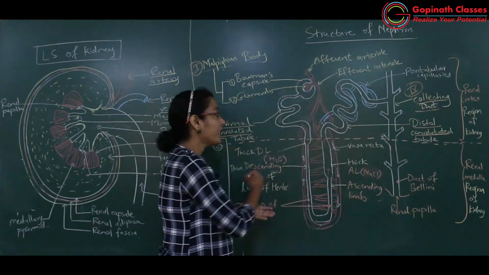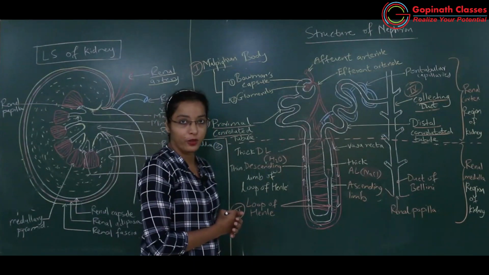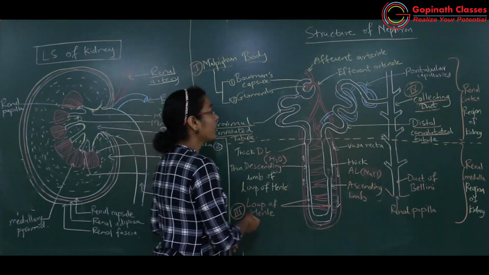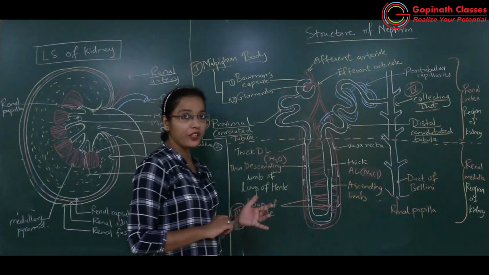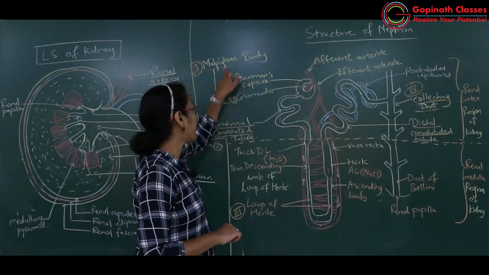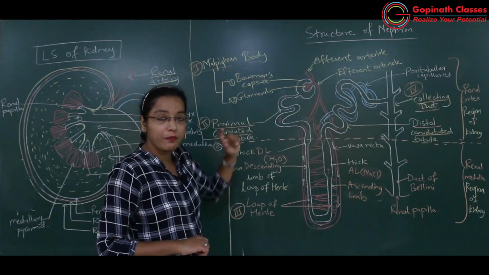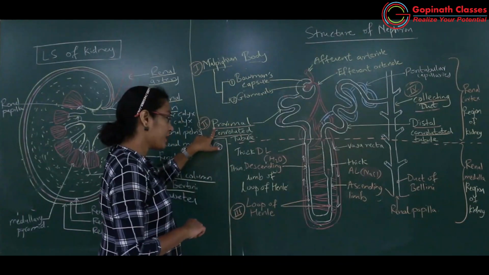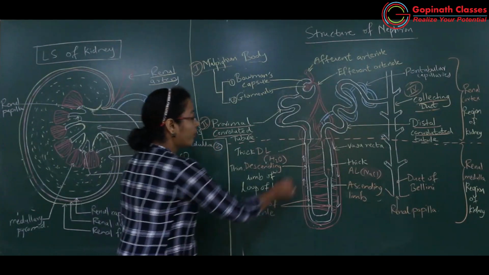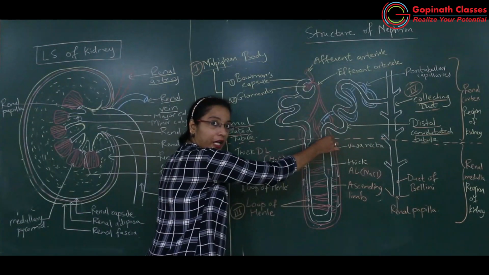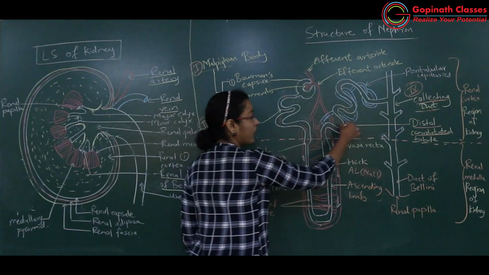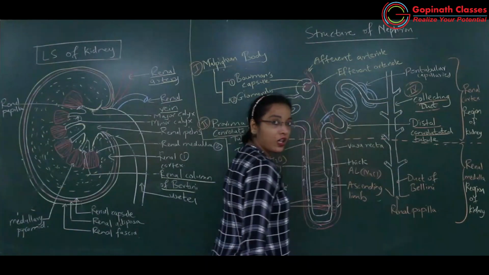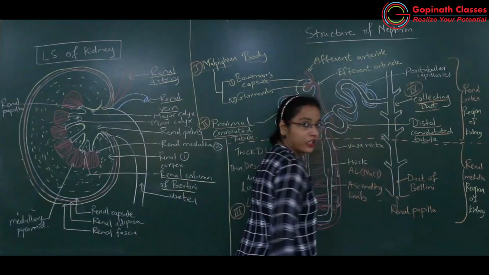Okay, and likewise then there will be urine formation. In a similar way, the next part of the nephron, which I told you, the first part is the Malpighian body, the second part is the renal tubule. The renal tubule consists of the proximal convoluted tubule, the loop of Henle, which is hairpin like, the distal convoluted tubule and the collecting duct.